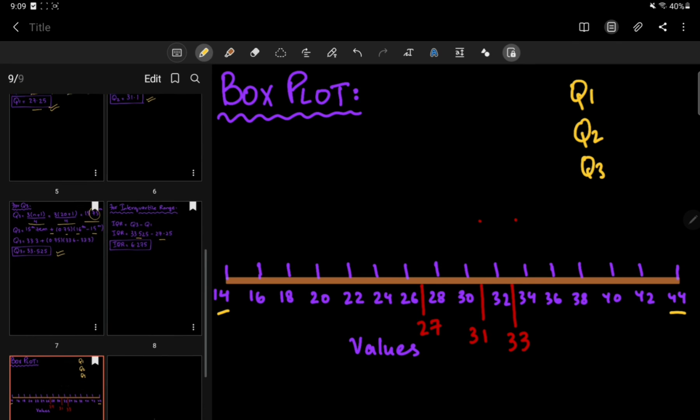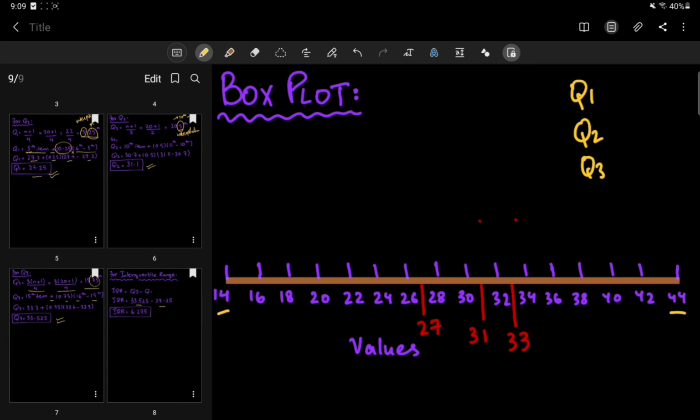So now we will put in the quartile values. Quartile 1 is 27.25, so 27 over here and 27.25 will be here. Then quartile 2 is 31.1, so 31 here and 31.1. And quartile 3 is 33.5, so it will be over here.